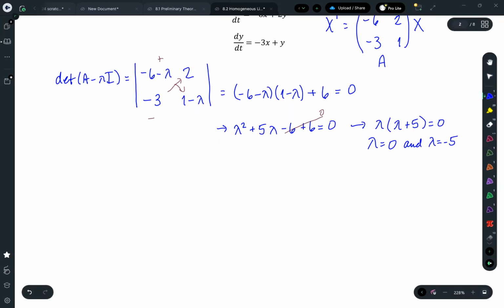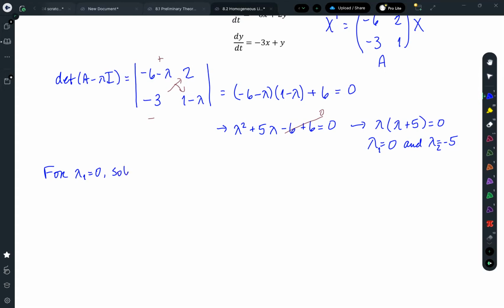All right, so let's go ahead and deal with, we're going to call lambda 1 will be the 0, and lambda 2 will be the negative 5. So for lambda 1 equals 0, we're going to solve in parentheses the A minus 0I set equal to 0 for k1.